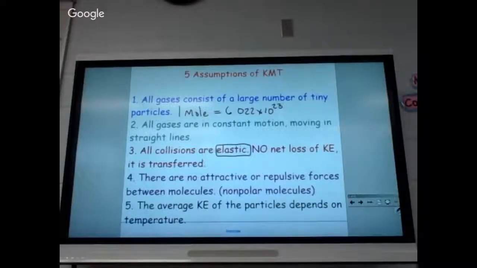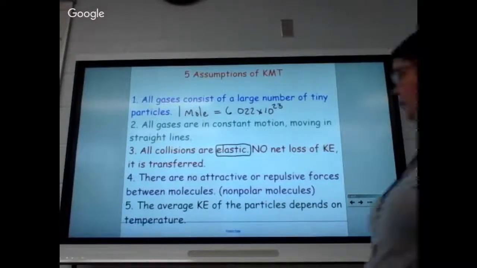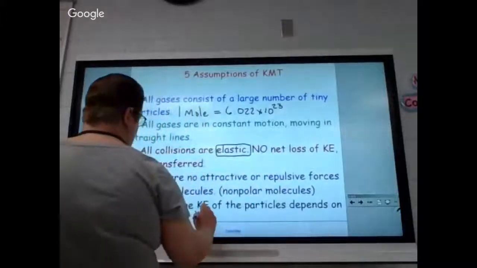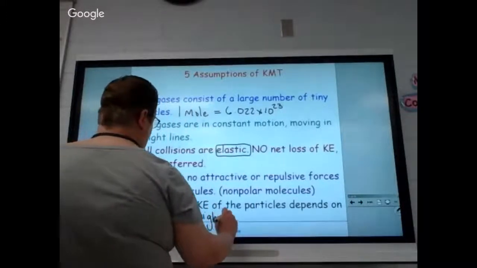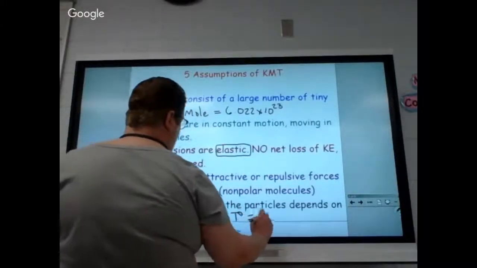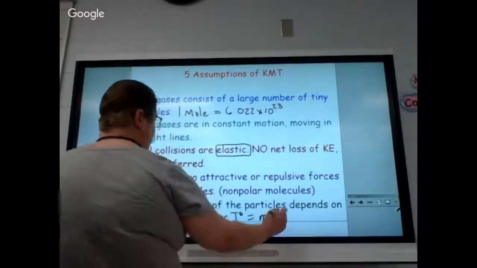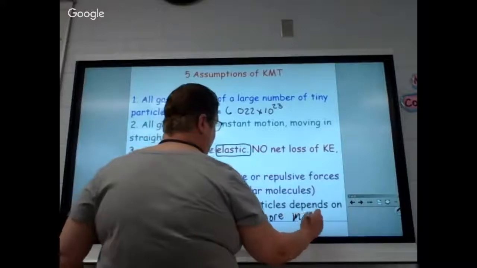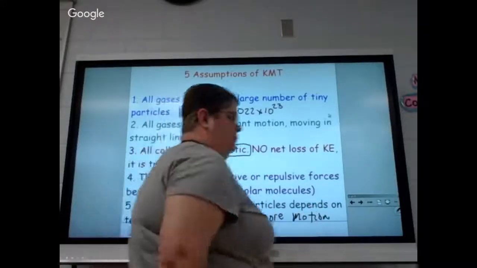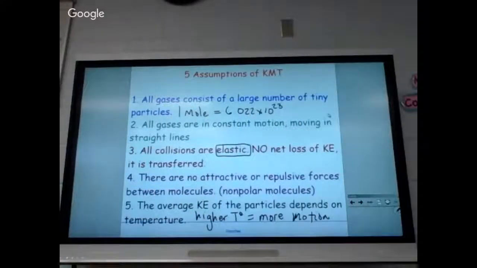So the higher the temperature, the more motion. The more temperature you have, the faster those particles are going to move.